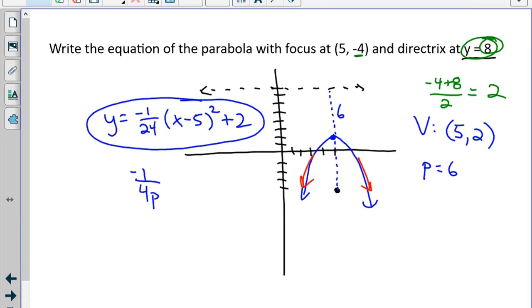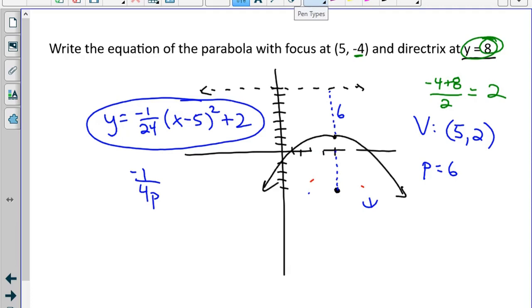So notice that in this case, my p is big, so that means my a value is small, which means that if I actually graphed this relatively accurately, this is going to be a very, very wide parabola, because 1 over 24 is a pretty small number, which leads to a wide parabola, and that is your notes on parabolas.